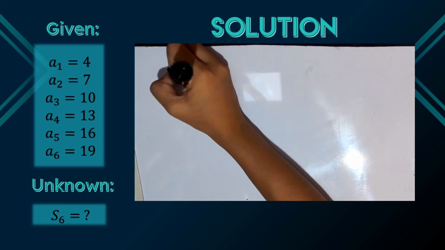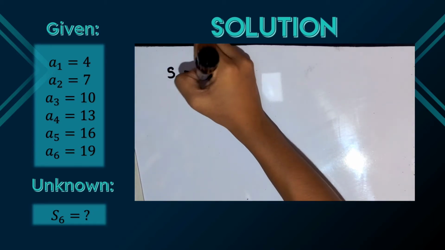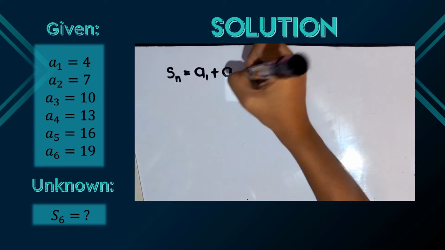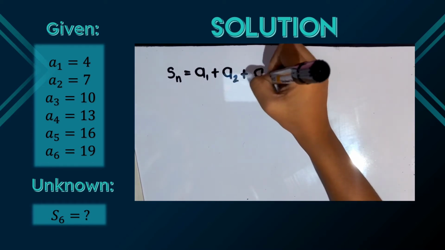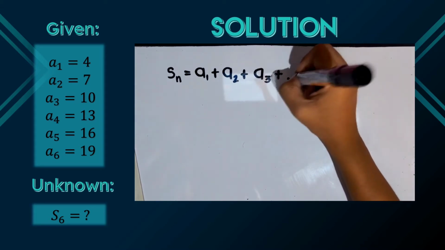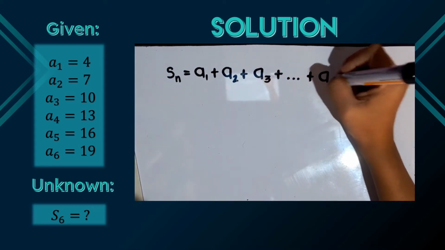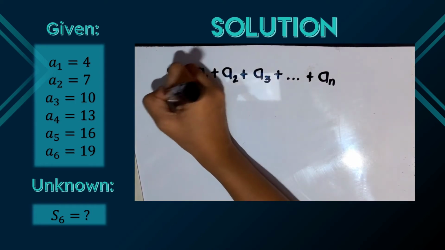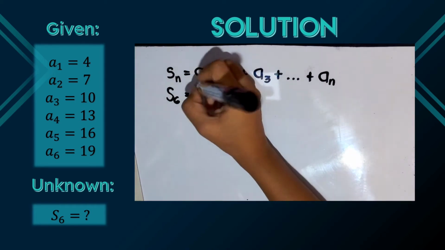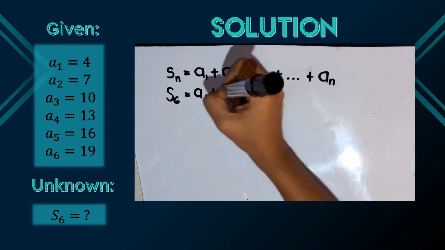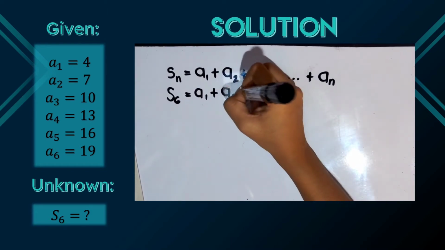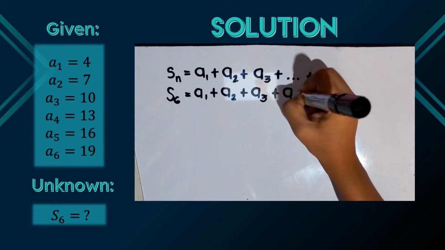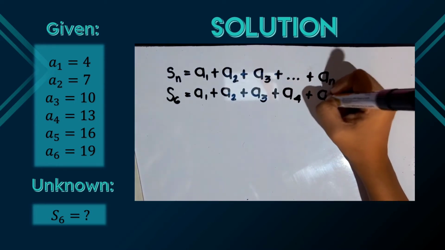To start with, the definition states that the arithmetic series is the sum of the first term, second term, third term, up to the last term. So for this problem, we will have S sub 6 is equal to the sum of the first term, second term, third term, fourth term, fifth term, up to the sixth term.